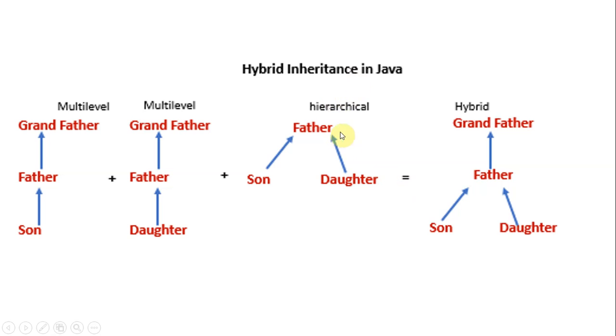This is nothing but hierarchical. A combination of multi-level or hierarchical, a combination of any kind of inheritance, will form the hybrid. So grandfather to father, father to son or daughter, so many forms of inheritance will form the hybrid.